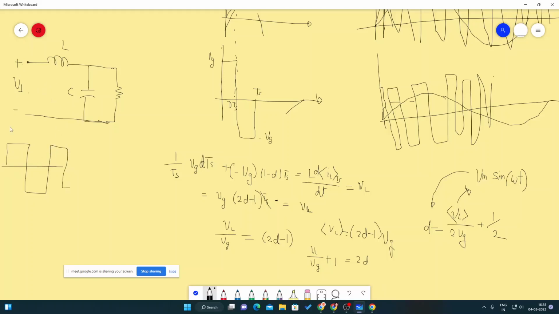If we design the low pass filter such that its cutoff is just after the fundamental, whatever voltage we will see here is just the fundamental, the others will be attenuated. Similarly here also, whatever harmonics are there, they are attenuated to obtain the sine waveform.